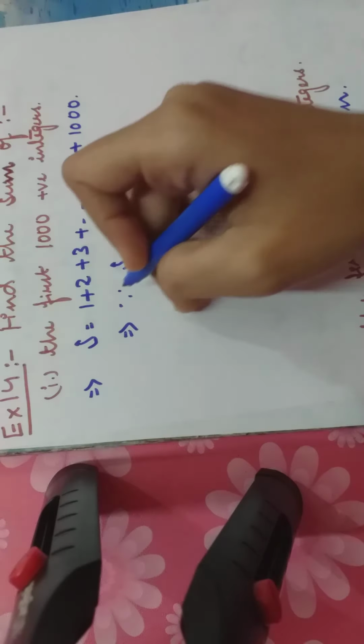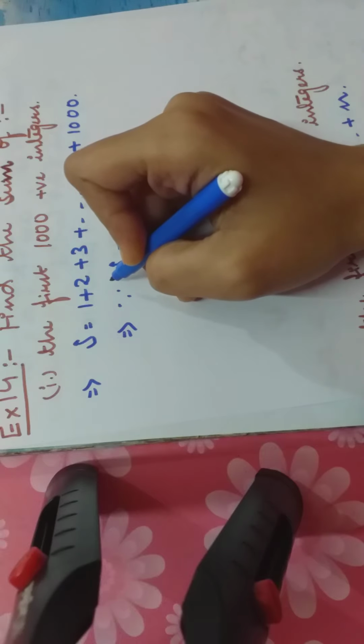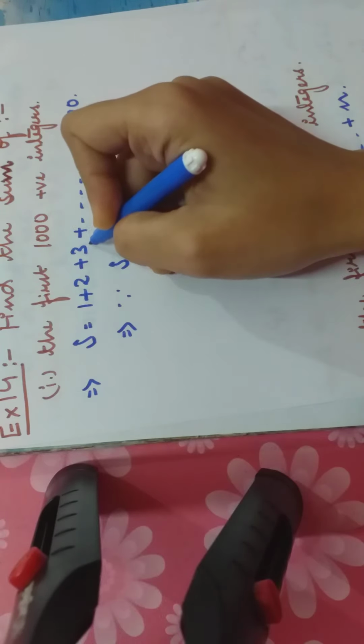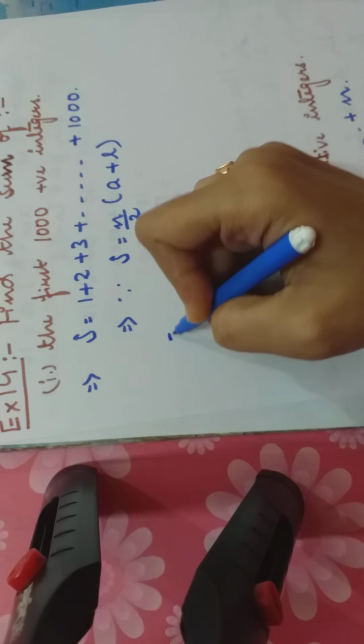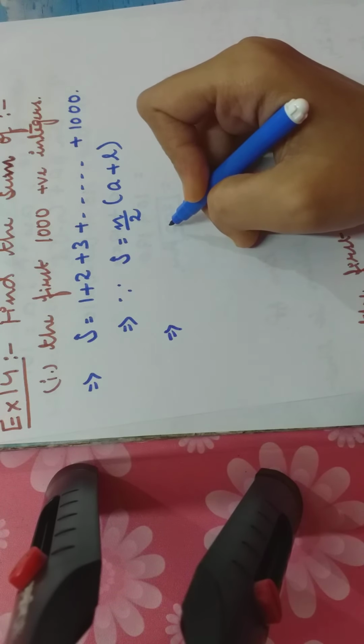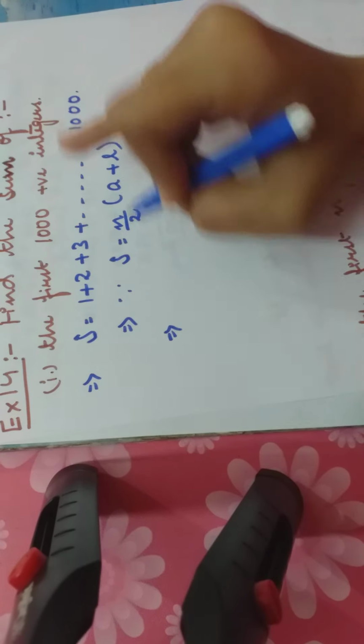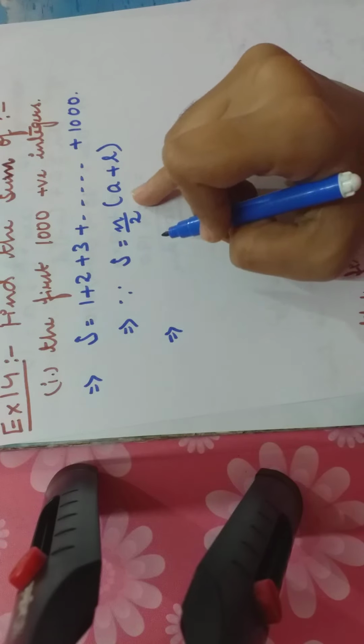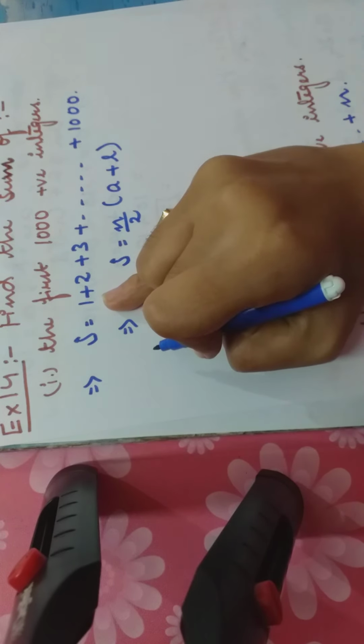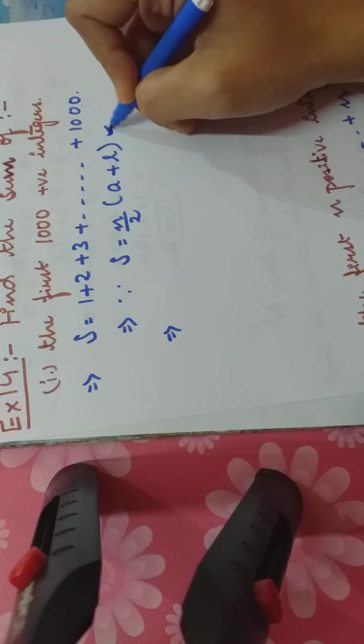See, I have written a series. Since we have to find the sum of the first 1000 positive integers, S = 1 + 2 + 3 + ... + 1000. The first formula for finding the sum of an AP was S = n/2 × (2a + (n − 1)d), and the second formula is S = n/2 × (a + l). If the first term and the last term are given, you can simply use this formula; it is much easier.